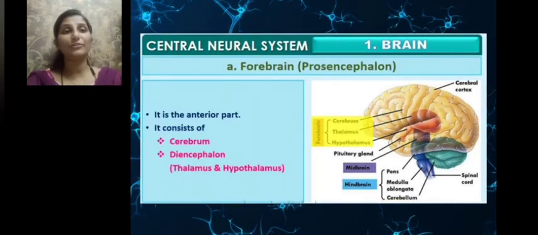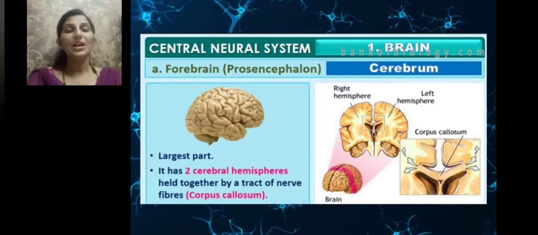So let us learn about the forebrain, the prosencephalon. It is the anterior part of the brain, and it is made up of three main parts: the cerebrum and the diencephalon, which is in turn made up of the thalamus and the hypothalamus. What is the cerebrum?